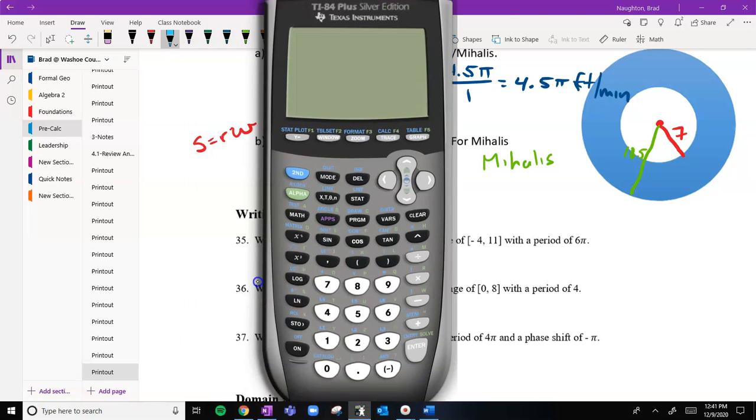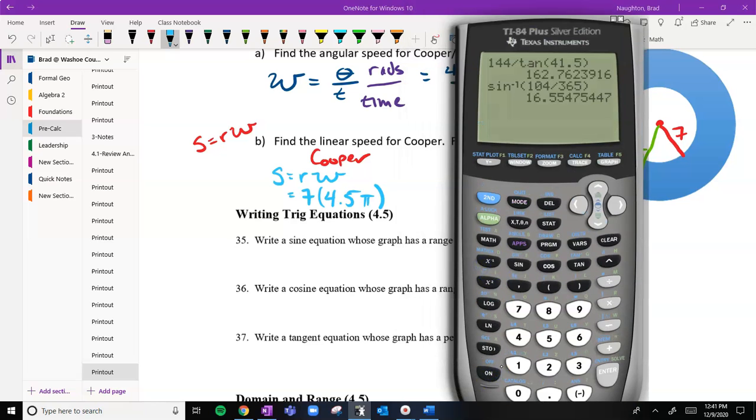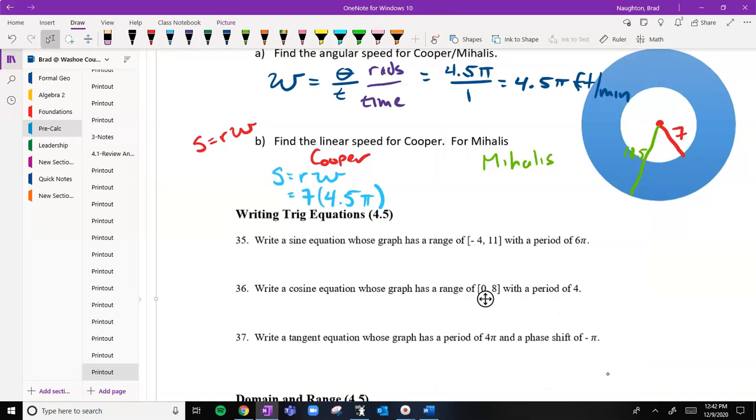As a word to the wise, whenever you're taking a standardized test or final, I understand that you have a pi button right here, but you really want to just do 7 times 4.5, and then times pi, which is 3.14. Because I know that that is not the most precise answer, but that's going to be the answer they're looking for. So in this case, it's 9891.